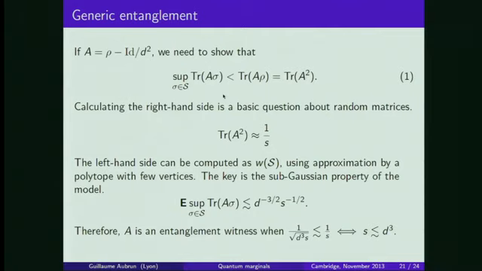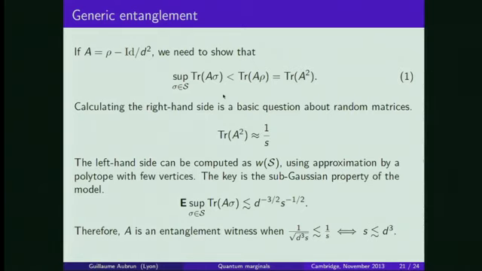Now the left-hand side involves a supremum over separable states, which is typically hard. Actually, the left-hand side is exactly the width of S in the random direction A. But if you compute the average, it will be something which will be very close to the mean width, except that the randomness is no longer spherical or Gaussian, but comes from these quantum marginals.